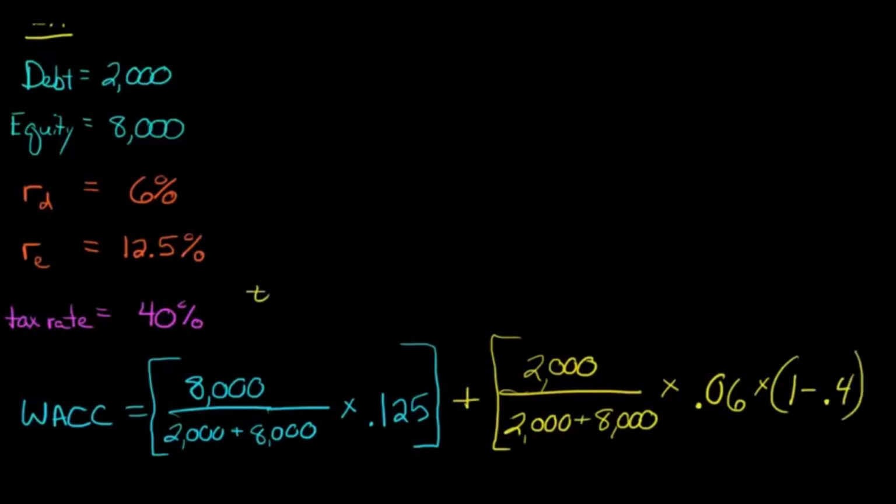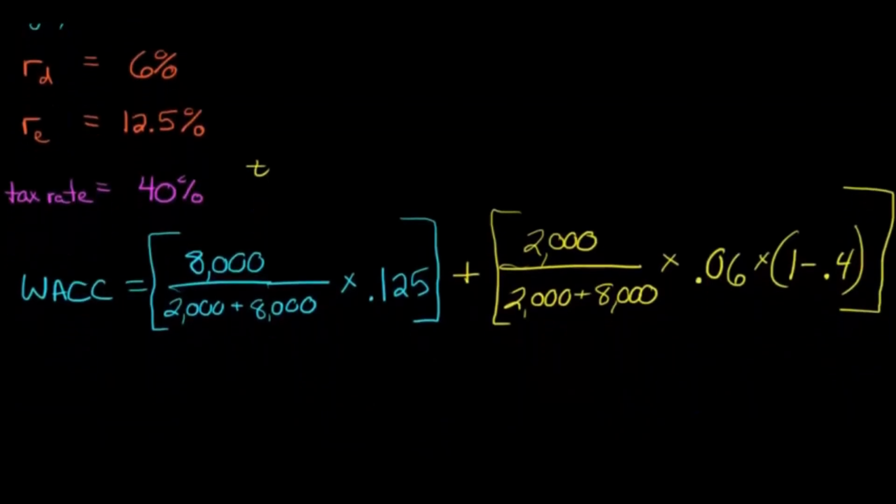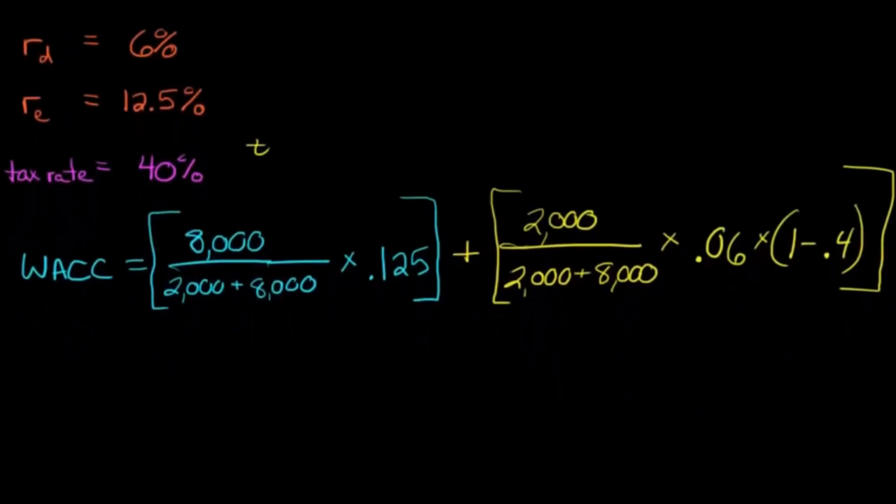Now we've got this big long equation, but let me just save you the math here. If we take this whole piece right here, it comes out to 0.0072. And this first piece is actually 0.1.